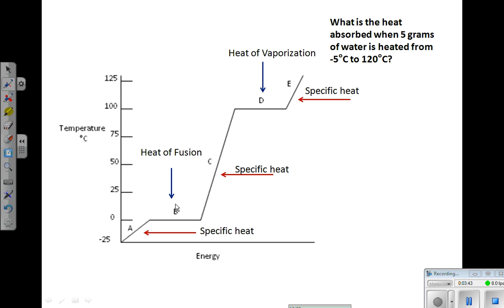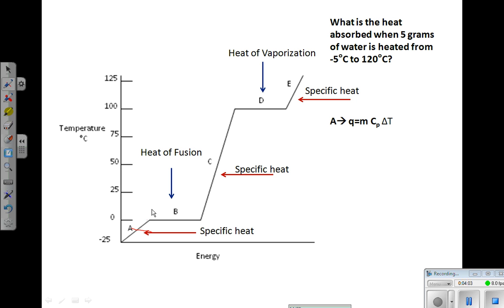All right, so let's set up our equations, and then plug in the numbers. In region A, when we are going from -5 to 0 degrees, we are going to use the formula Q equals mass times specific heat times change in temperature.